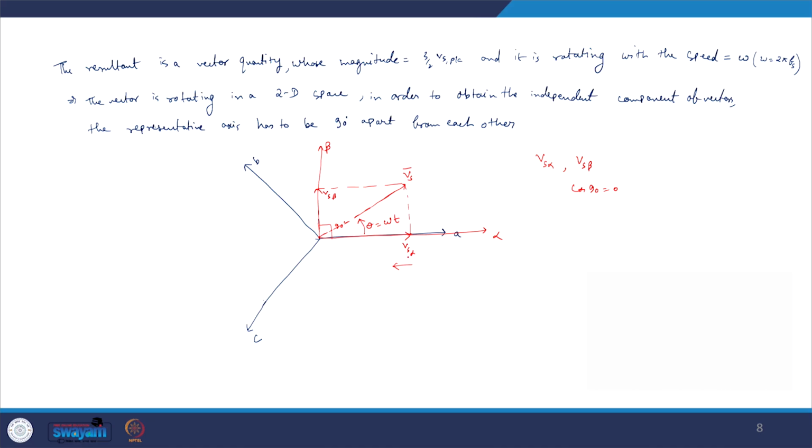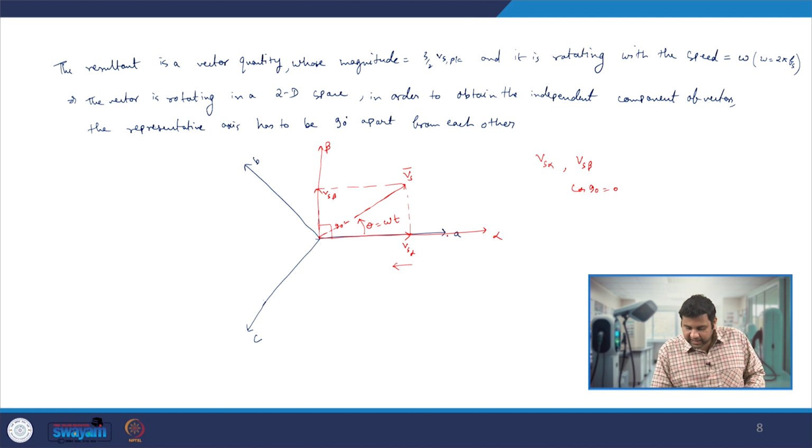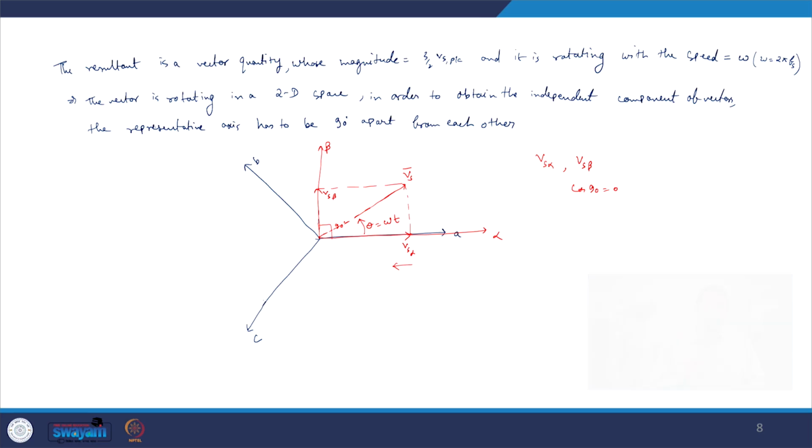So in this case, from the A phase, B phase, C phase, we will obtain Vs alpha and Vs beta, and then we can independently control Vs alpha and Vs beta. That is when we can get independent control of the alpha component and beta component, and accordingly that will reflect on the components on the ABC axis.